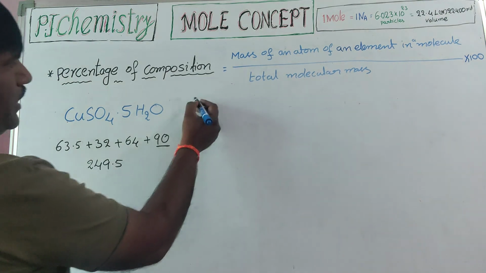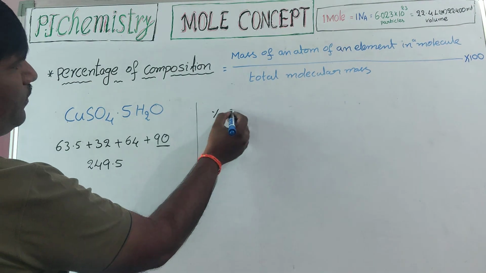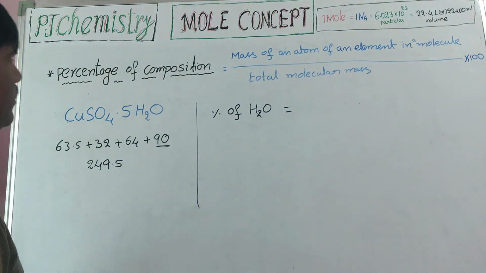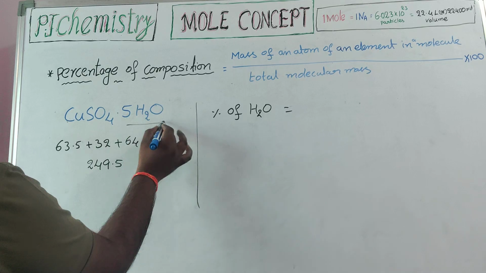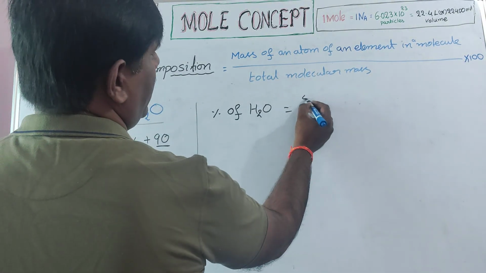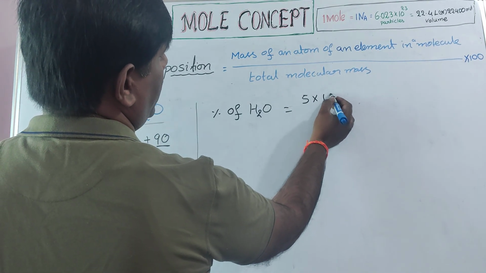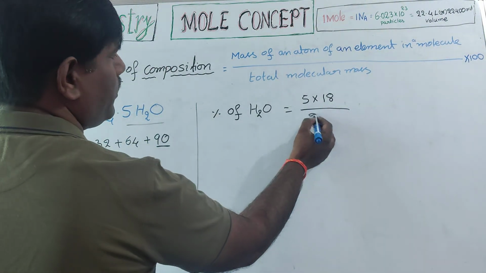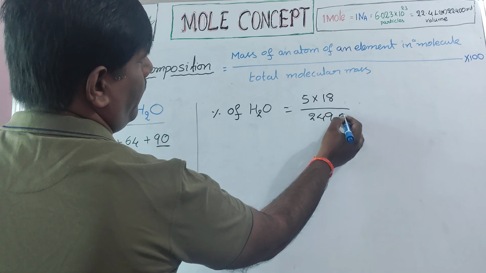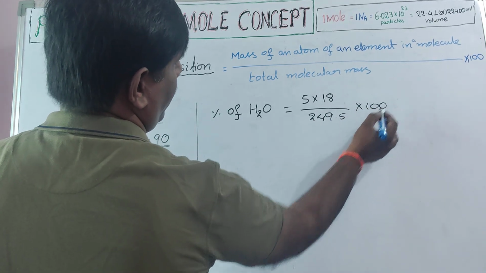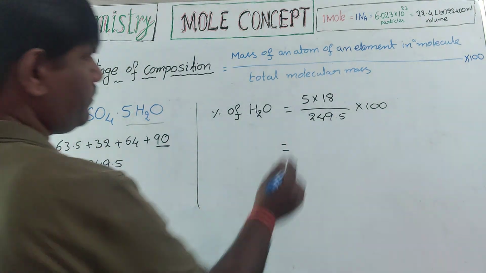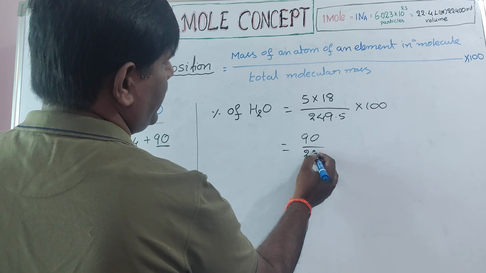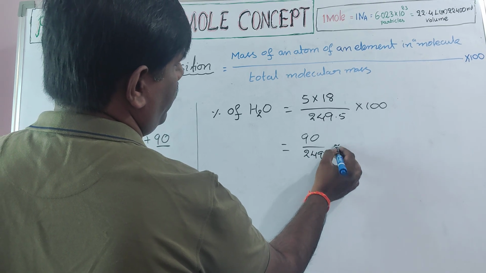How much? Immediately, same formula. Percentage of water is equal to water, how many times are there? 5 moles. So 5 into water molecular mass, 18, by total molecular mass, 249.5, into 100. At the time, 90, 18 into 5 there, by 249.5, into 100.